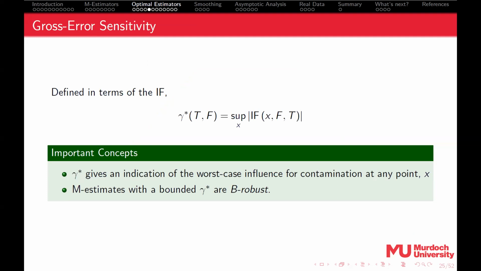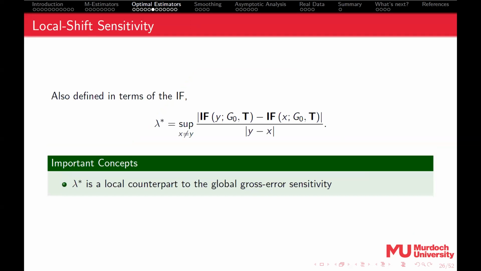Derived from the influence function is the gross error sensitivity, which is an indication of the worst case of influence that contamination can give you. Complementary to that is the local shift sensitivity, which is a local worst case, how much it moves about in a particular location.